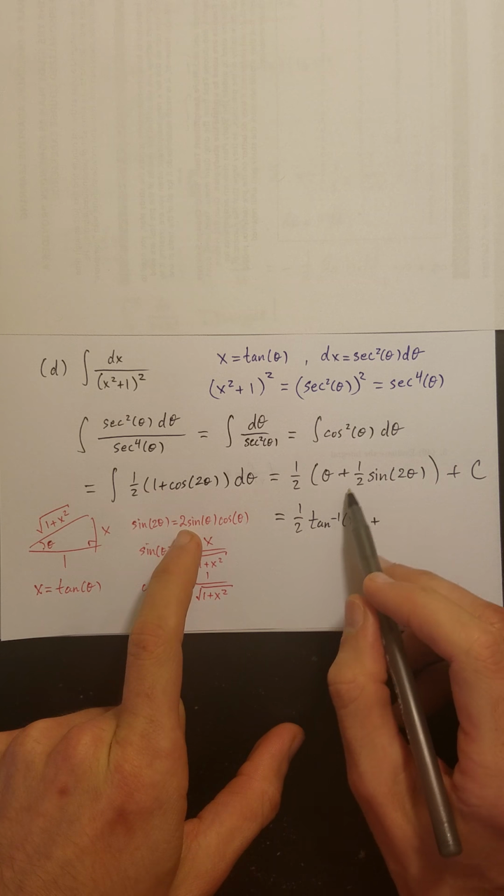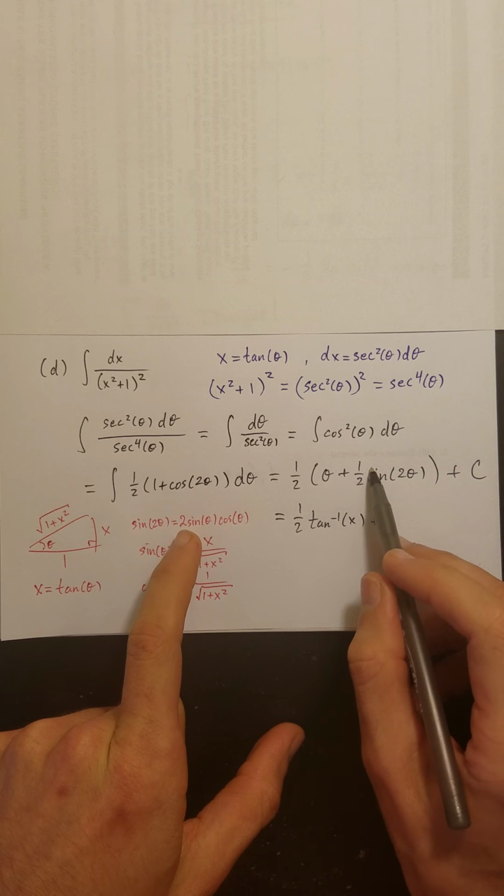So 1 factor of a half and 1 factor of 2 are going to cancel. We're still left with a factor of 1/2, fine. So we have 1/2, and I'll just write it like this first, sine theta cosine theta plus c.